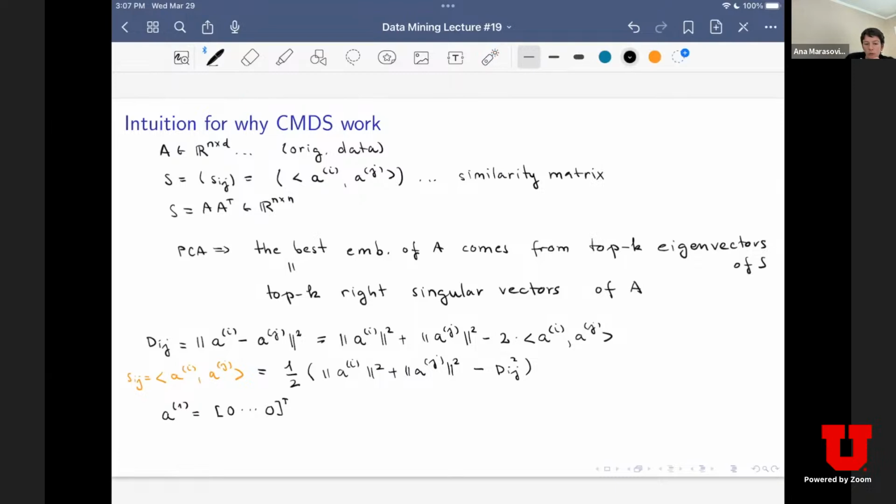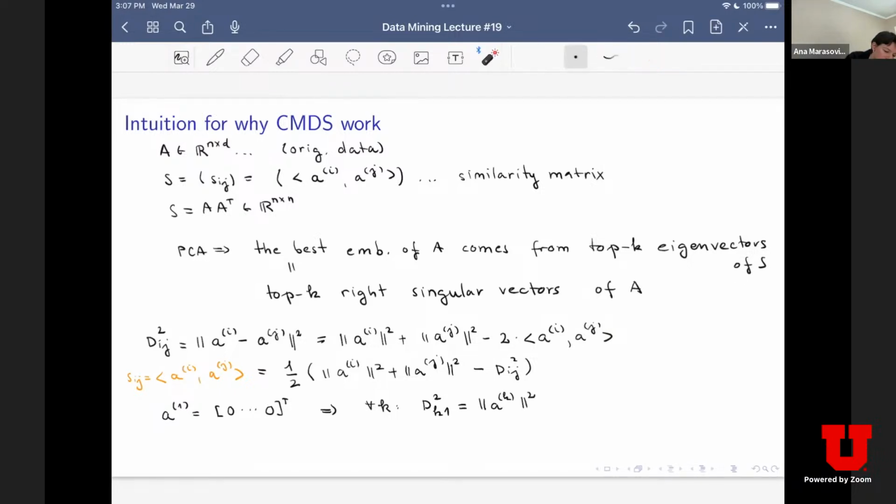All right, if your first point is the 0 vector, then if you look at the squared distance of all other points to that first point, d_k1 squared, we know from here how much that's going to be. It's going to be equal to the norm of this point k squared.